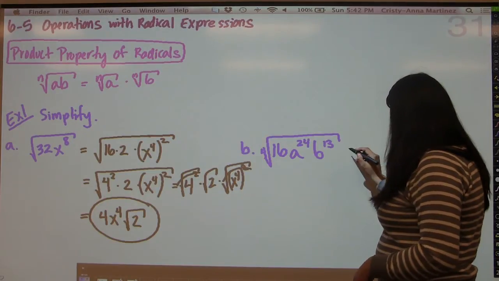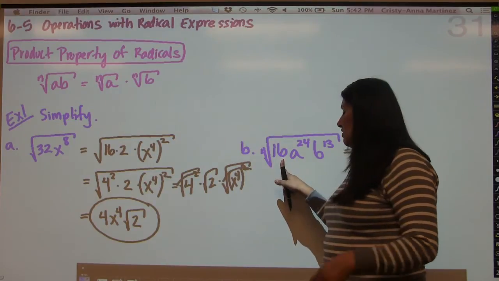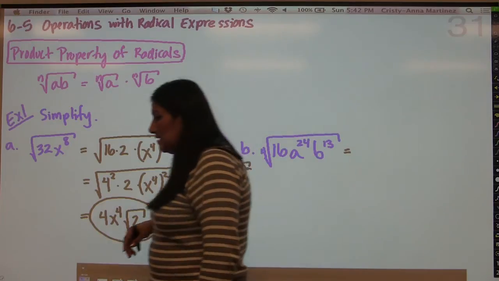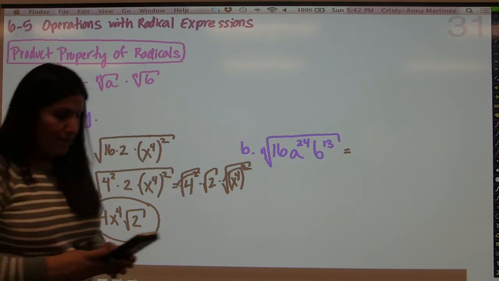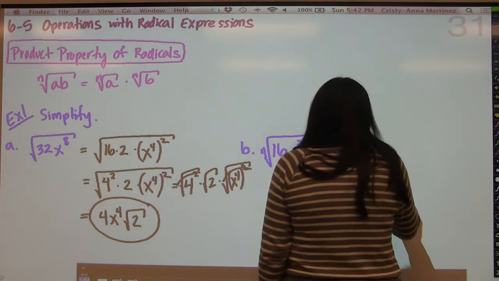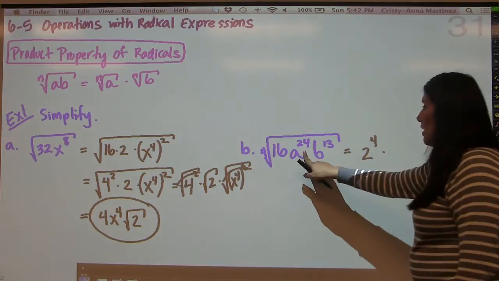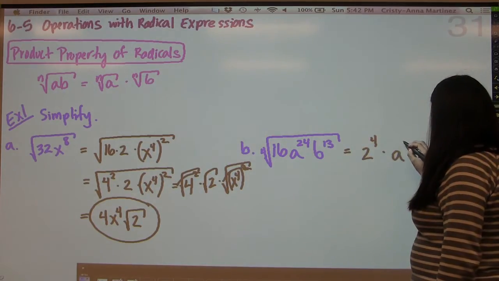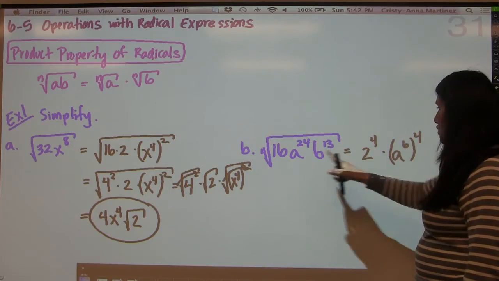In part B, we want to write things into groups of 4, so I want things to the 4th power. So 16 is 2 to the 4th power. And then 24 is 6 times 4, so I'm going to write a to the 6th, to the 4th power, because 6 times 4 is 24.